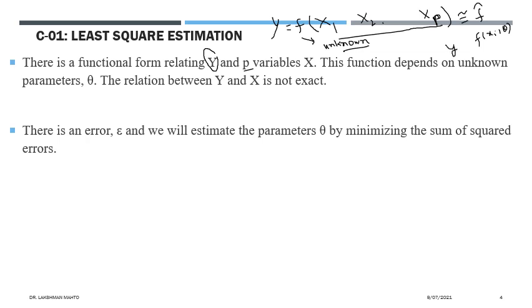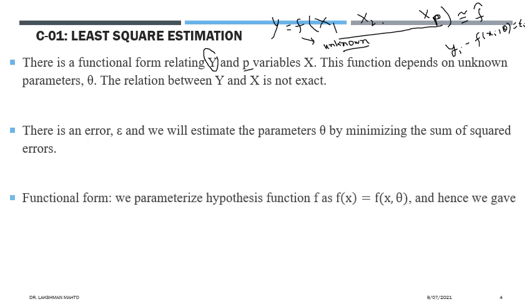If you take the difference from yi, there would be error. That error we denote by epsilon i. We will estimate the parameter theta by minimizing the sum of squares of error for each sample. There would be m number of samples. For each sample we will define error, and we will square it. After that we will sum all those squares of error, and then we will minimize in order to get one estimate of theta.